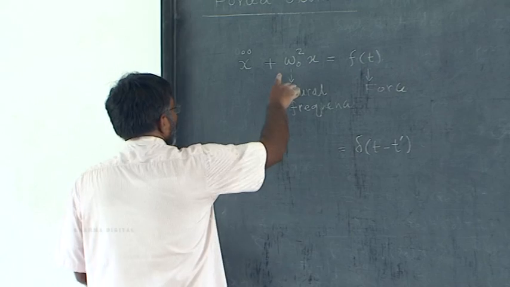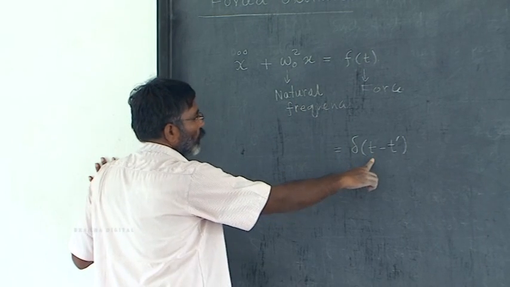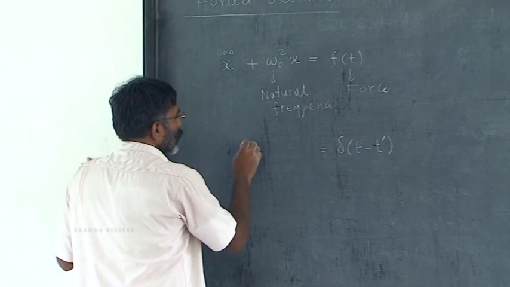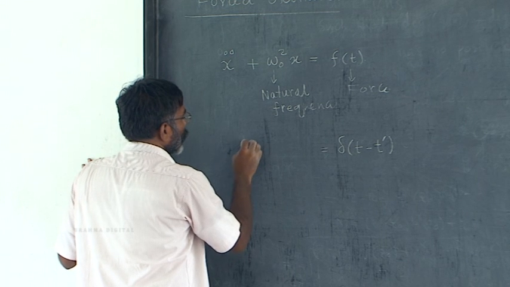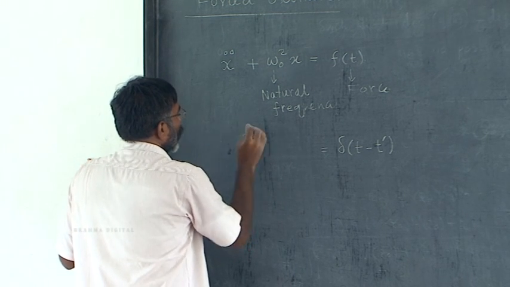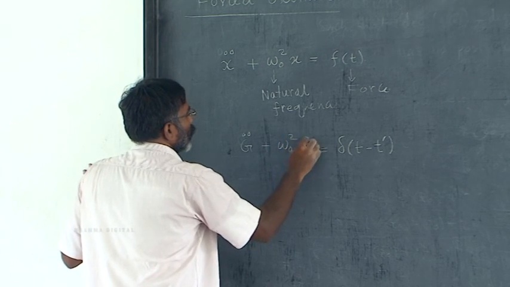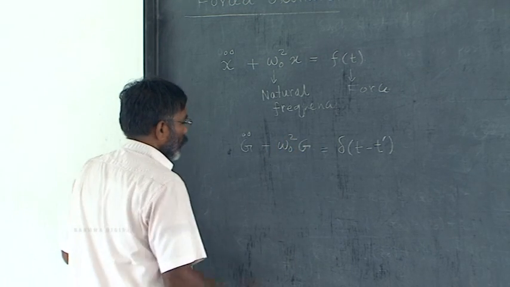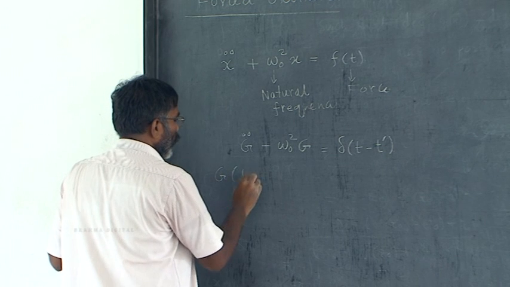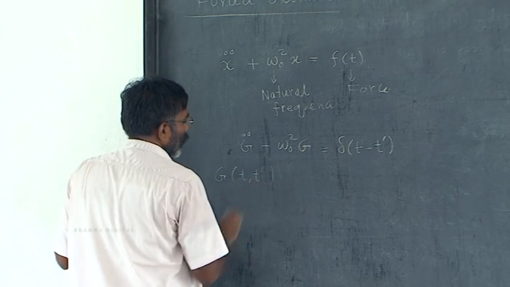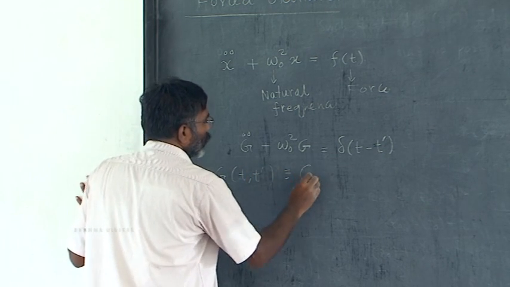Then the solution of this equation with this kind of force on the right hand side is generally called the Green's function. So g double dot plus omega naught square g is equal to delta of t minus t prime. g will depend now on t and t prime, and this is called the Green's function.